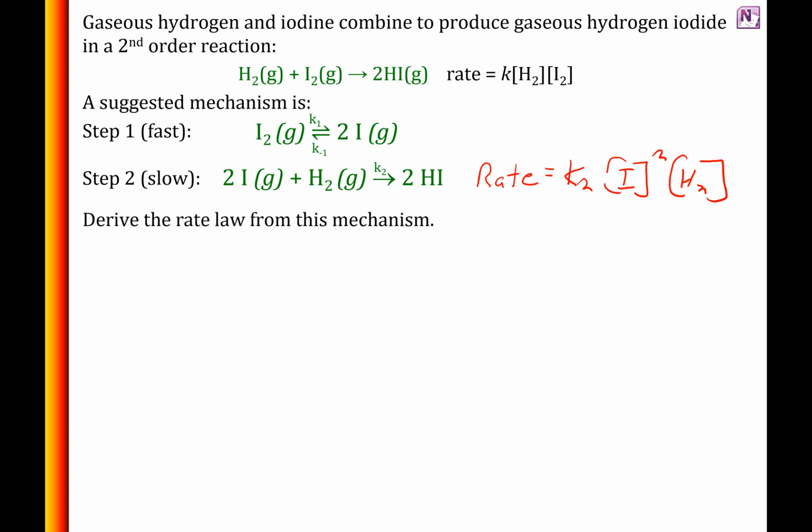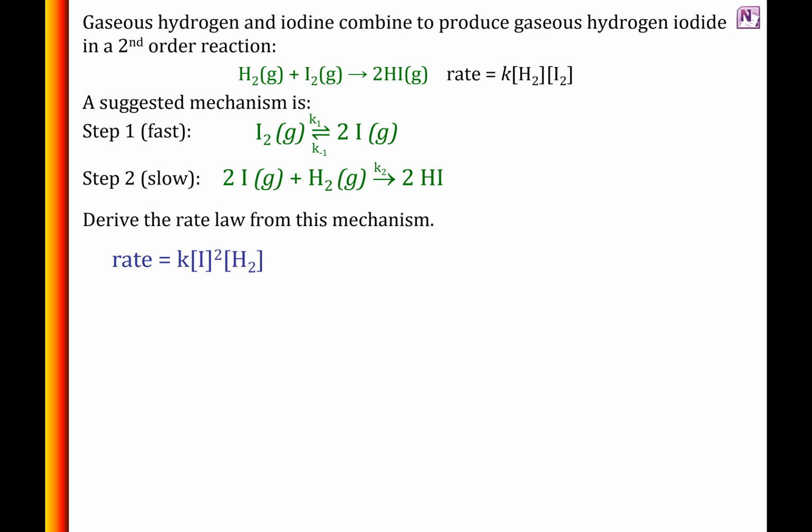But it tells us it's a second order reaction. So 2 plus 1 is 3, so this can't possibly be the rate. If we just try to derive the rate from our slow step, that won't work. So what we can do is derive this through substitution.